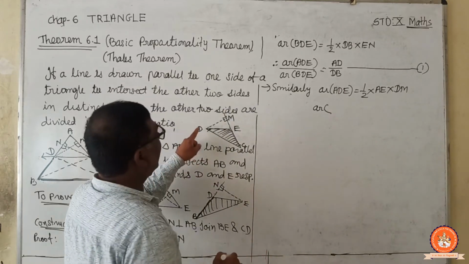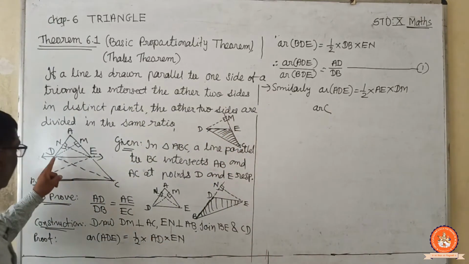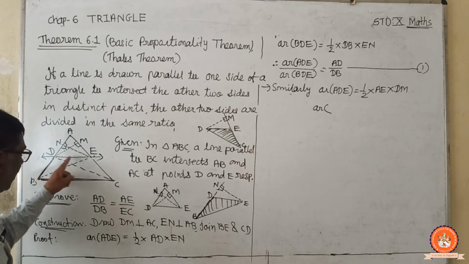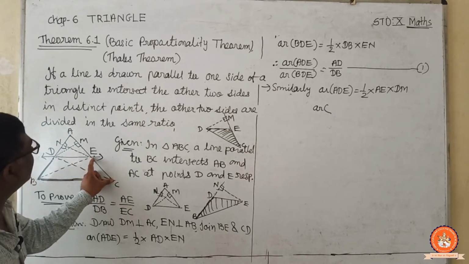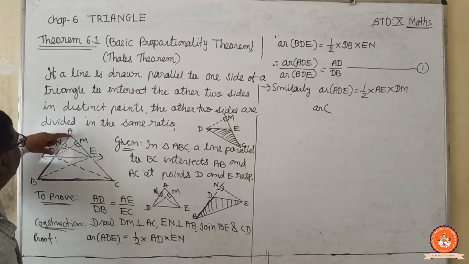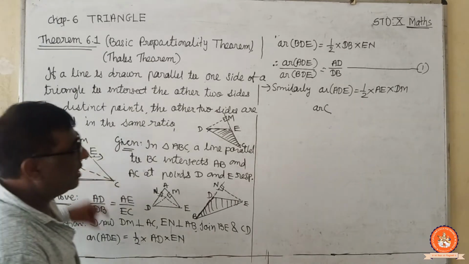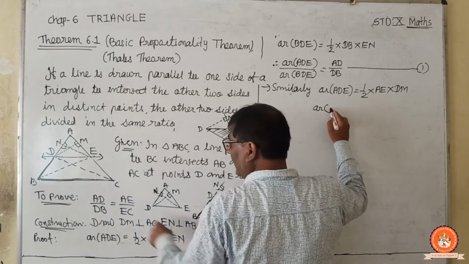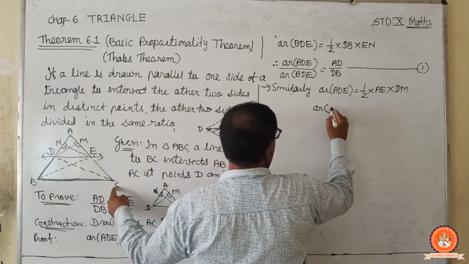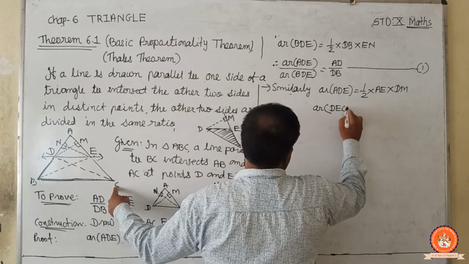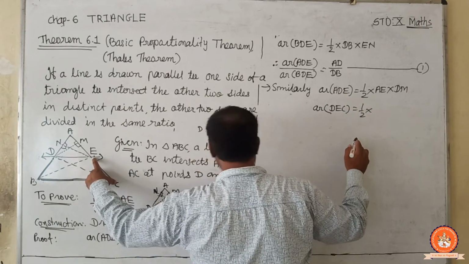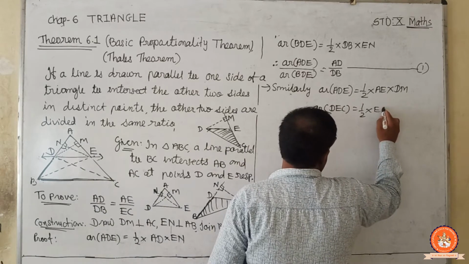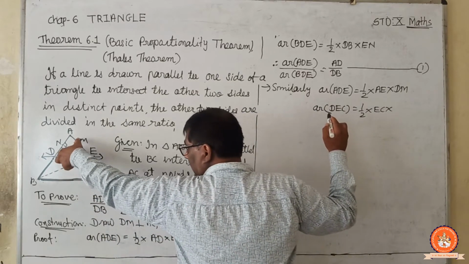So we can write that area of triangle DEC, its base EC and its corresponding altitude to EC is altitude DM. So area of triangle DEC can be written as half into base EC into altitude DM.